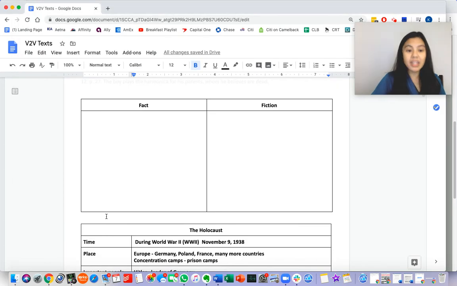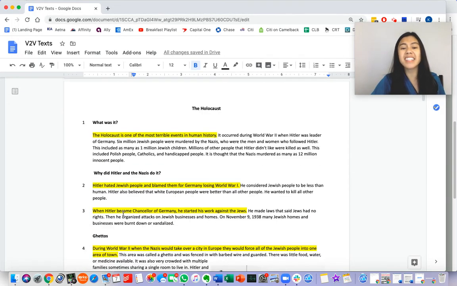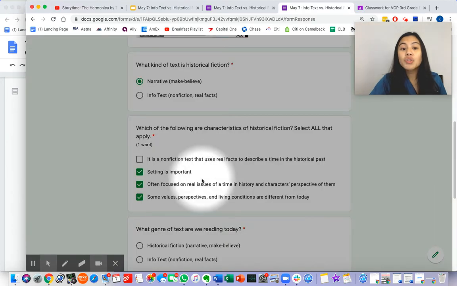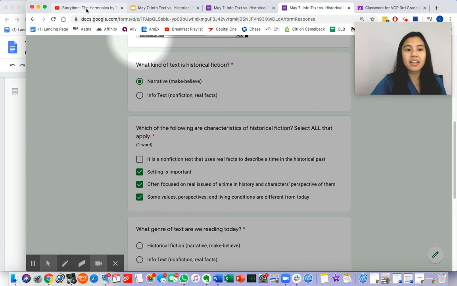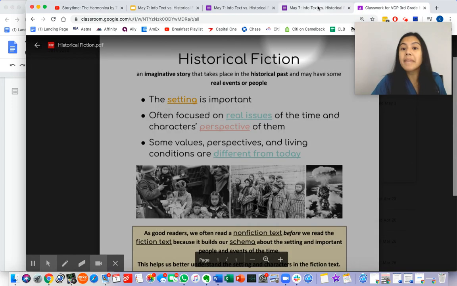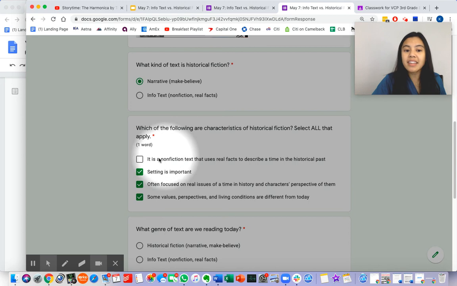Yesterday, we did read a nonfiction text, The Holocaust, to help build our schema, but the text that we'll be reading today is historical fiction. While the setting was a real time and place, the characters and what happens in the story are from the author's imagination. Today, we are reading a fiction text. Make sure that you do not select this first one and that you have these answer choices here.